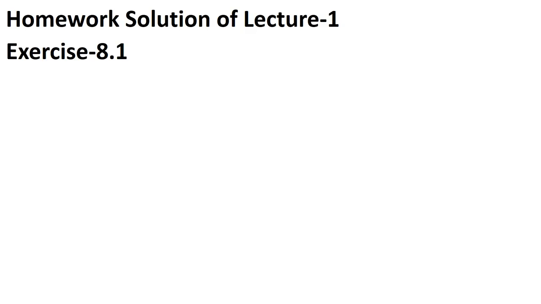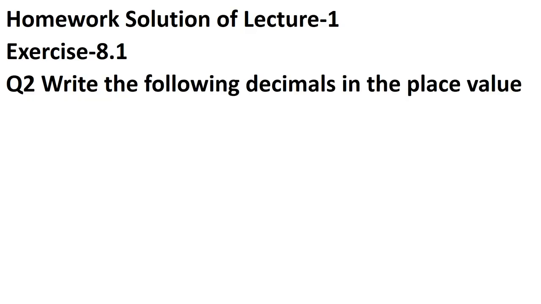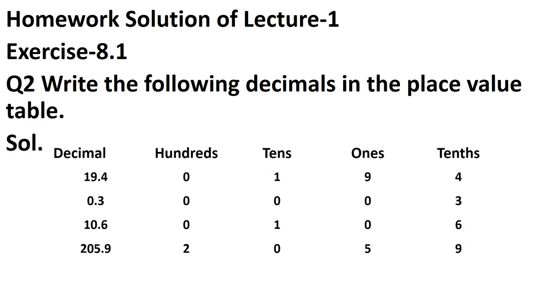Now it's time for the homework solution of lecture 1. See students, I have not done all the parts. I have done some of the parts, the rest are the same. Exercise 8.1, question number 2. Write the following decimals in the place value table. This is the place value table in which I have written all the decimal numbers.